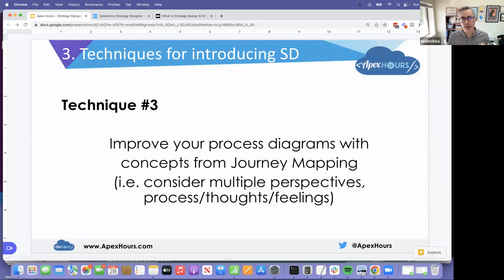We're also considering the thoughts that people are having as they're going through that journey, the feelings or the frustrations or the things that they're feeling really good about during that process. And that helps us to uncover a few things. Number one, what is the core problem or challenge that people are experiencing with the current state? And 2, it helps us to uncover potential opportunities for how we can improve on that situation.